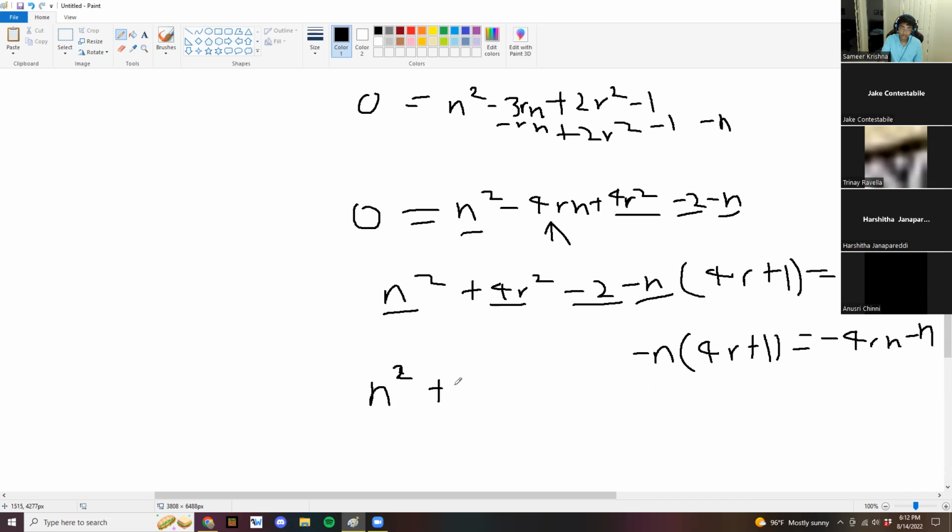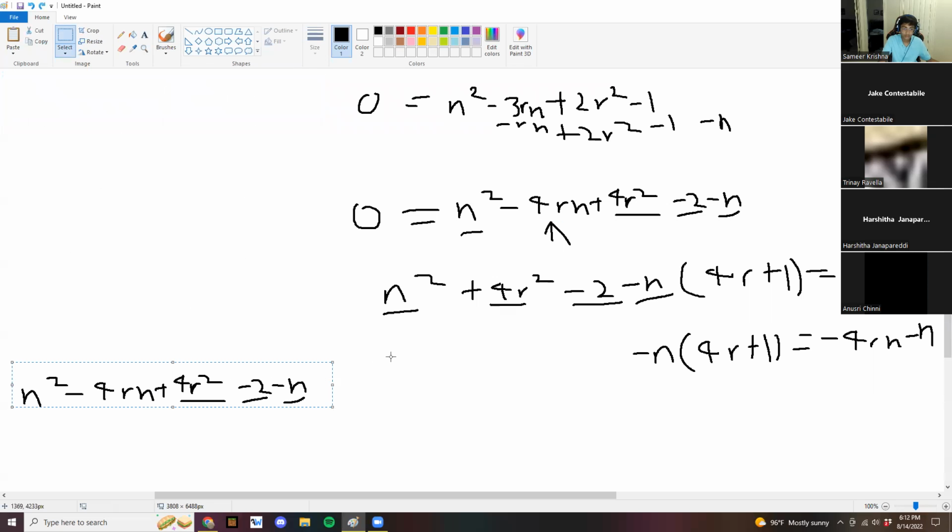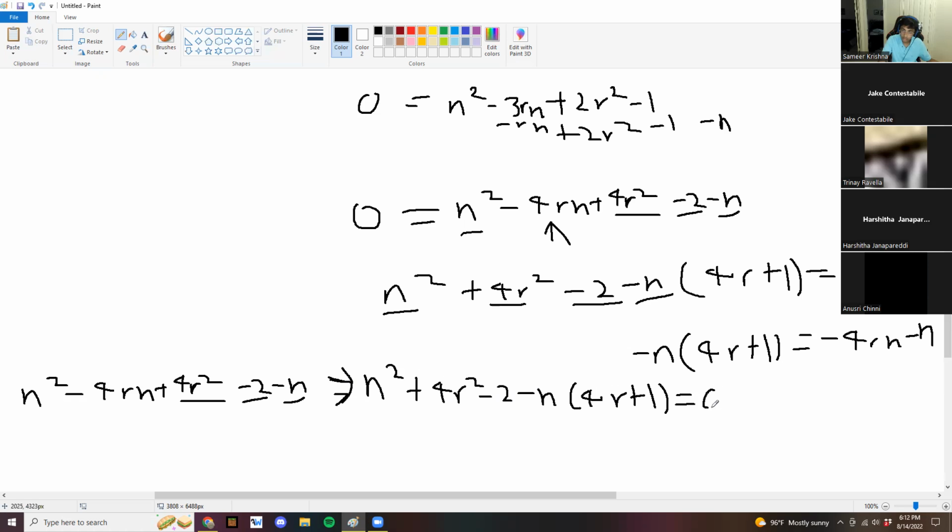You can write this out over here, Control C, Control V. This is equivalent to this arrow: n squared plus 4r squared minus 2 minus n times 4r plus 1 equals 0.